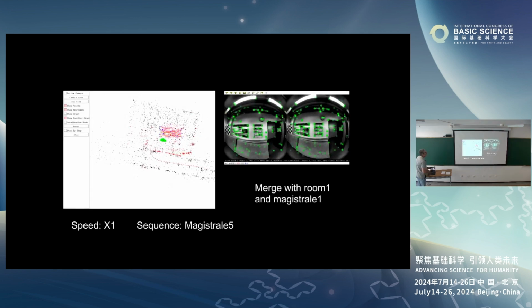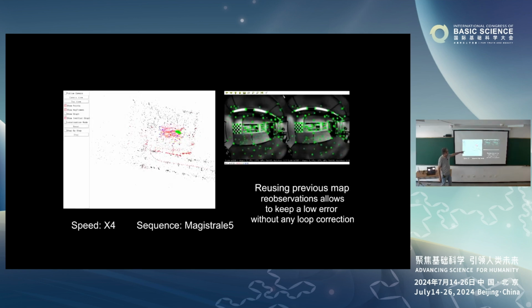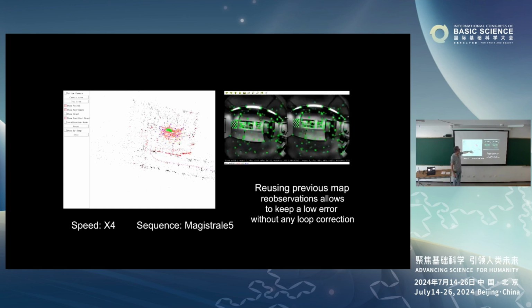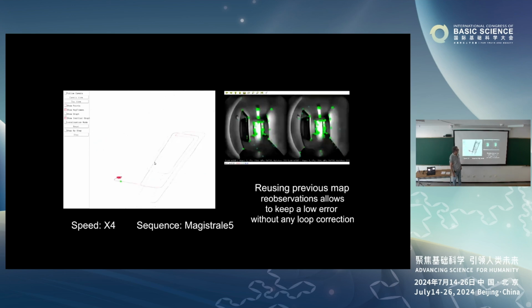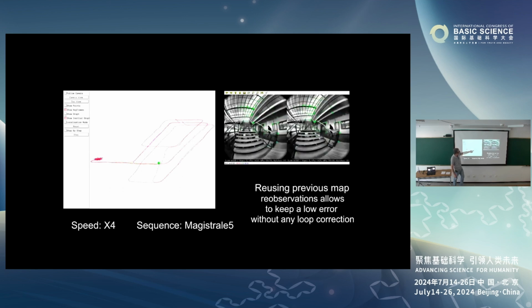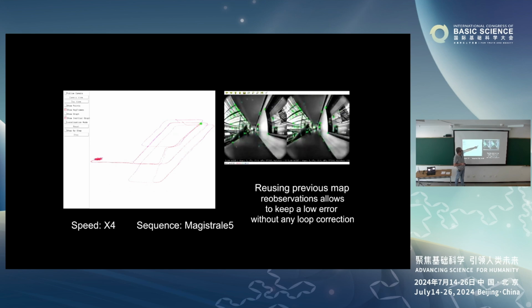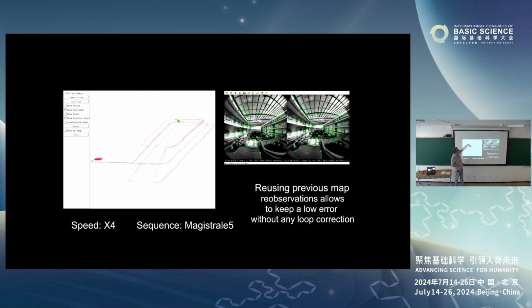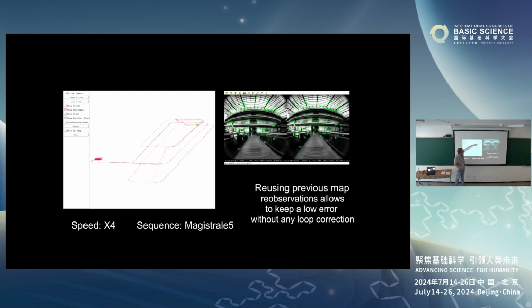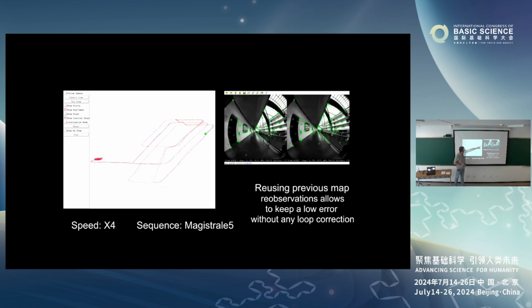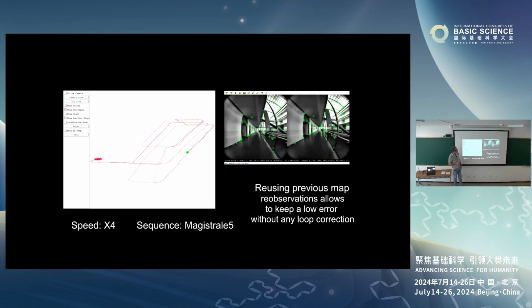Well, here you can see the system in operation. So this is a room in which the system starts, and now the system goes back to a very big hall in the technical university. And you can see that when you go to a map that has already been built, the system is able to reuse it.